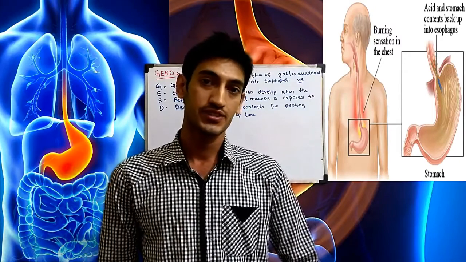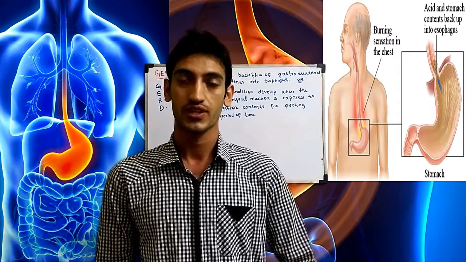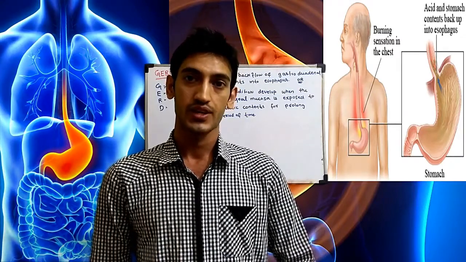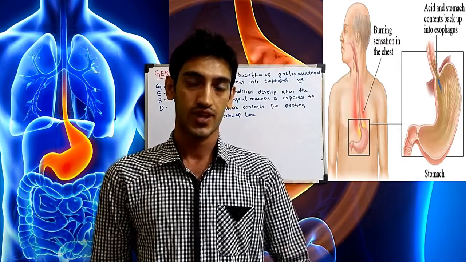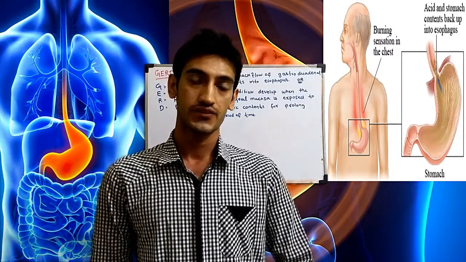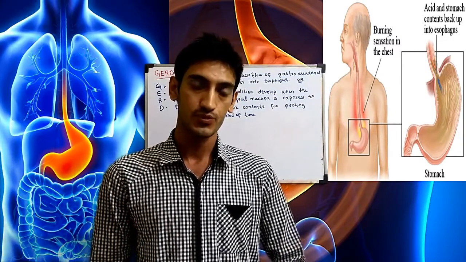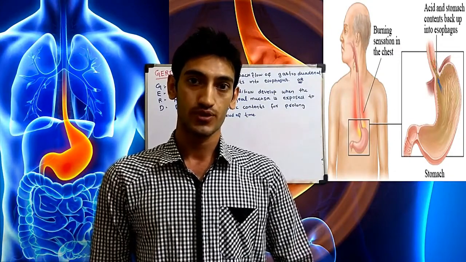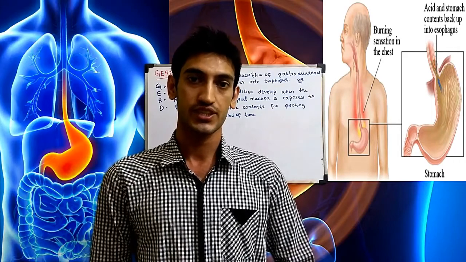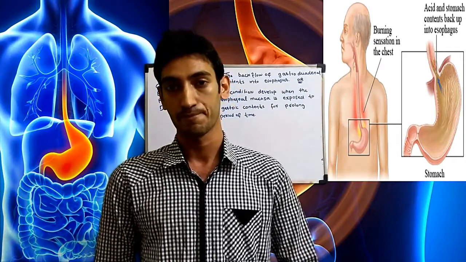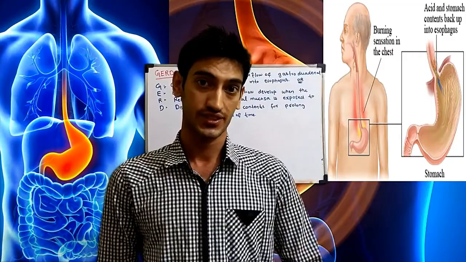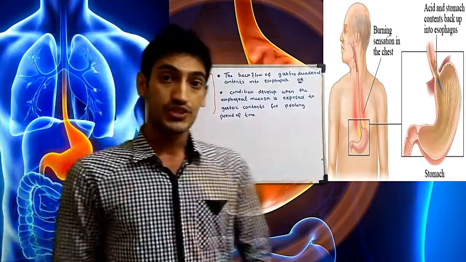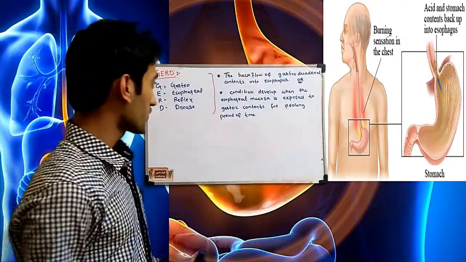We can simply define it: the backflow of gastroduodenal contents into the esophagus is called gastroesophageal reflux disease, or another definition, when the esophageal mucosa is exposed to gastric contents for a prolonged period of time, resulting in esophagitis. So this is all about the definition. Let's draw a diagram to have a concept.